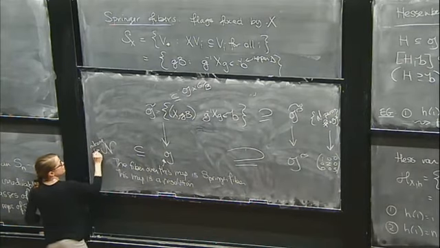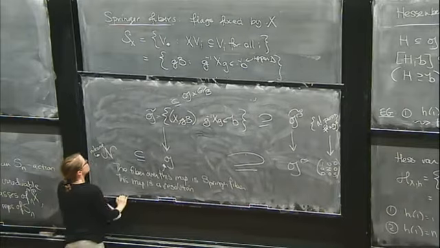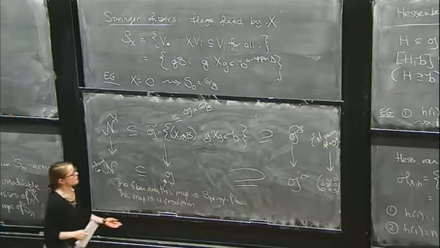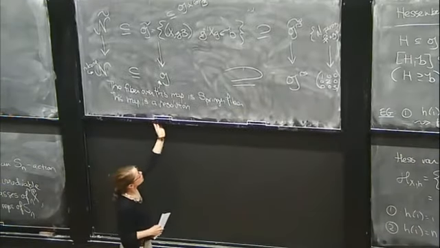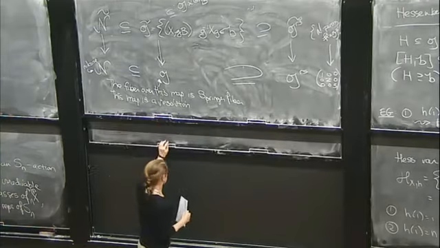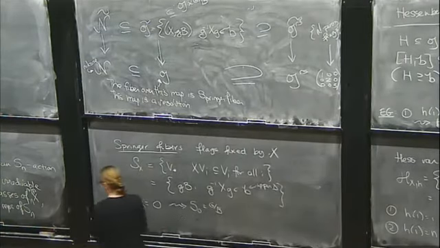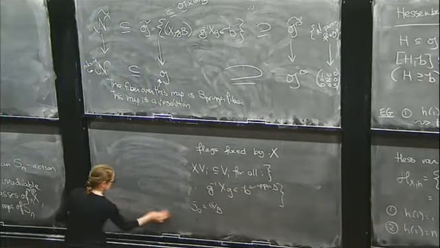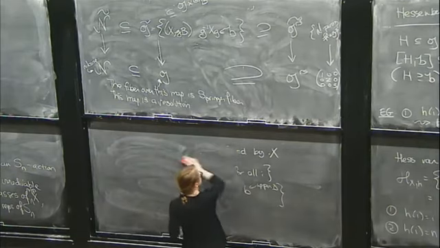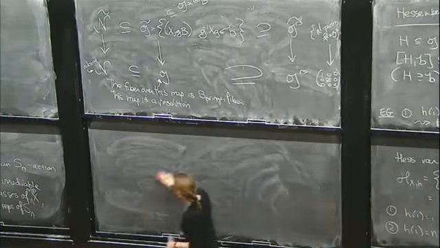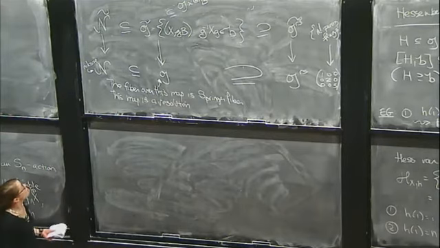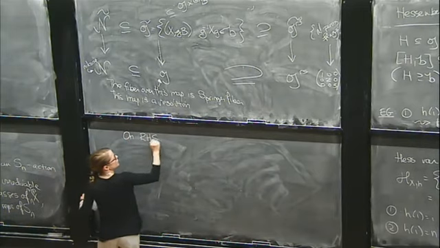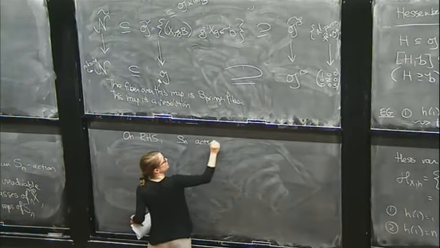On the other hand, we can restrict to the nilpotent matrices, the nilcone, over on this side. So on the right-hand side, S_n acts on the fibers.